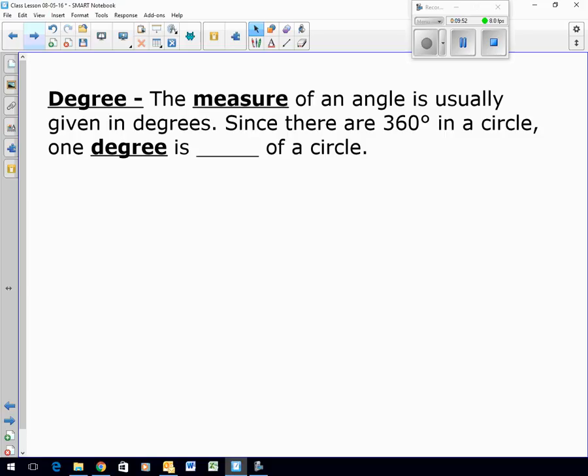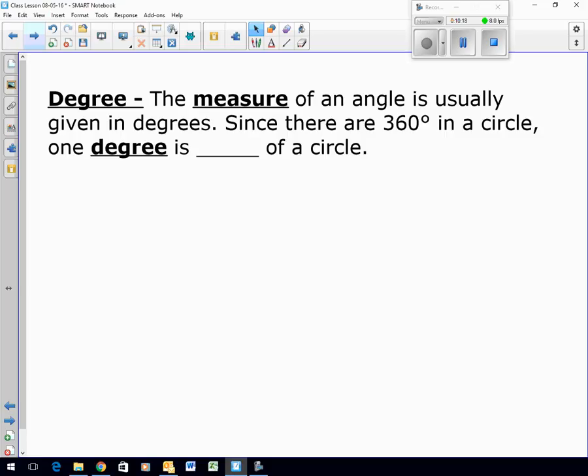My definition I want you to remember of an angle: an angle is when a line segment, or a ray, intersects with another line segment or ray. Remember, intersects means crosses.